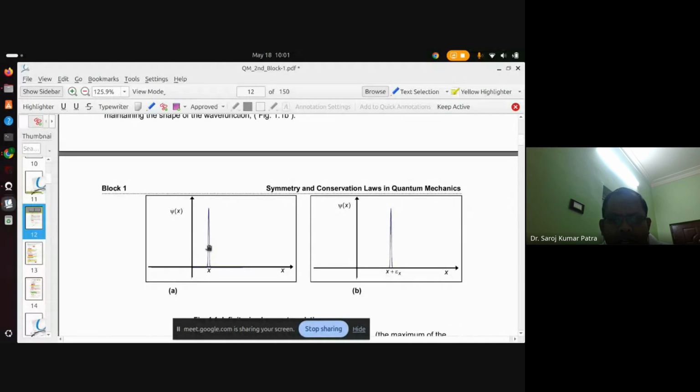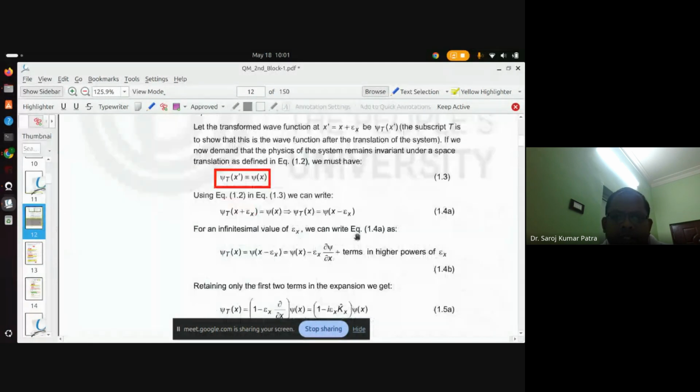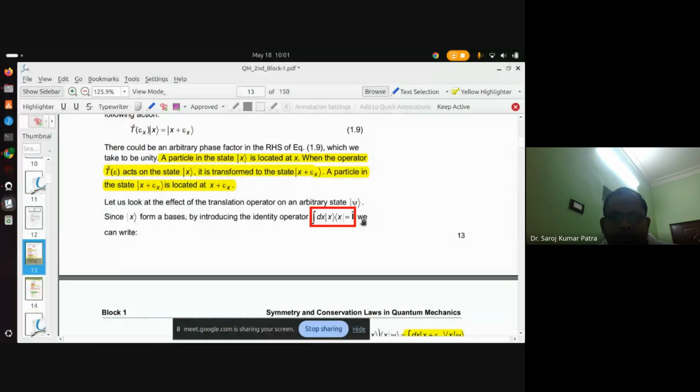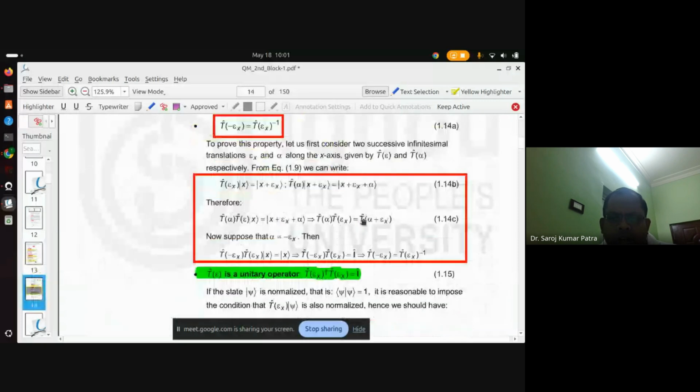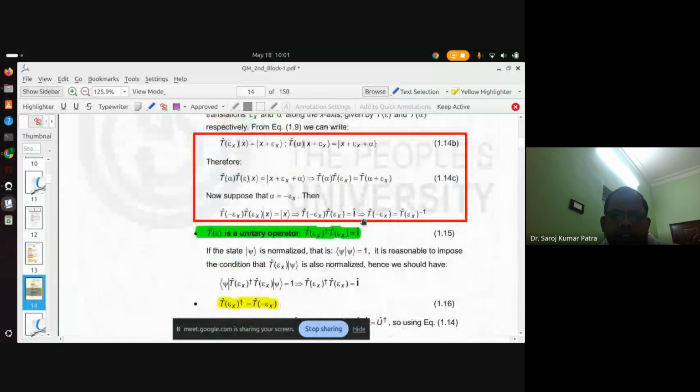It is only getting transformed from x to x plus epsilon x. Obviously, we will later see that it will smear out, so the width of the wave function will gradually increase and the height of the probability distribution will decrease. But for a very infinitesimal translation, it is fair enough to say that it is normalized.